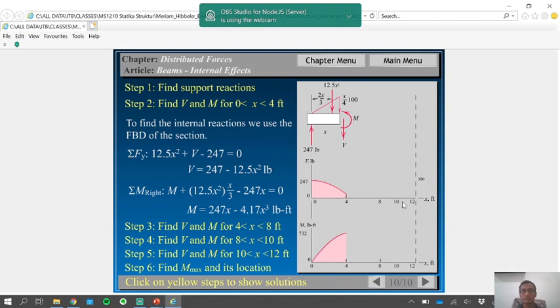So, this is the result of the first cut, from 0 to 4, for the shear force V and for the moment.